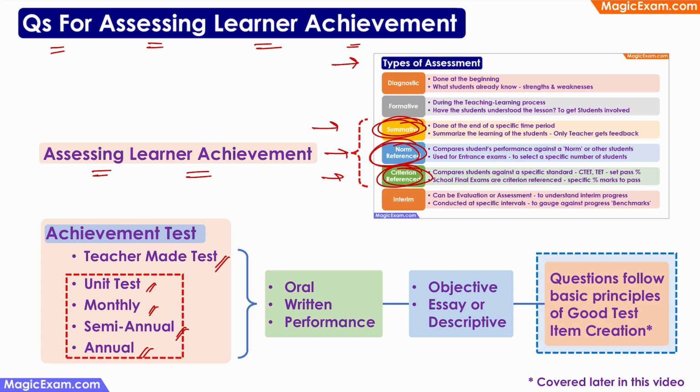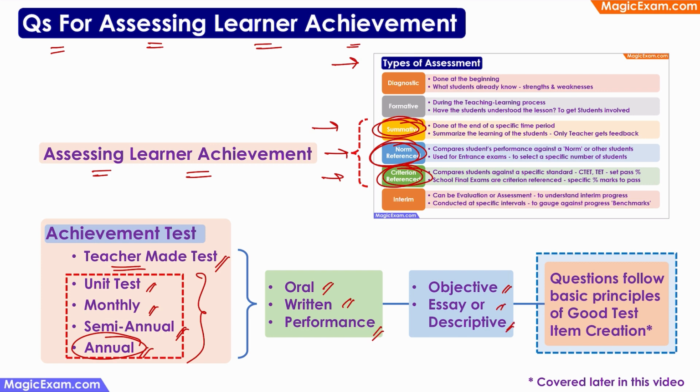For example, the annual exam might be a board exam, which means that all the children in all the schools of that state in that particular grade will take the same question paper. So achievement tests can be ad hoc or teacher made, or they can be standardized. And these achievement tests can be oral tests, they can be written tests or performance tests. And these tests can be objective type or essay type or descriptive type.